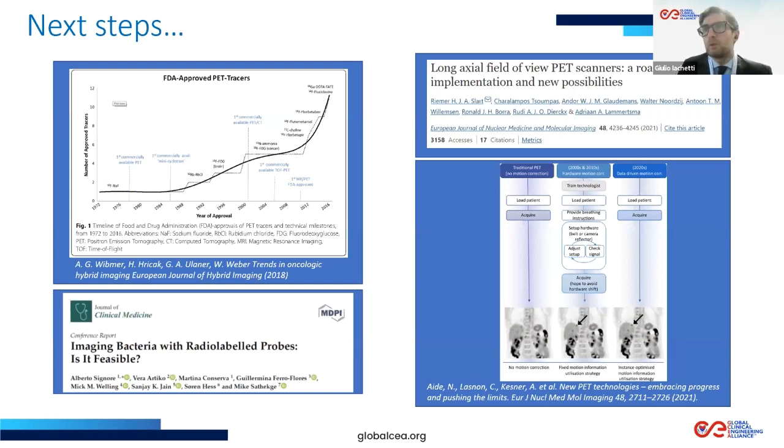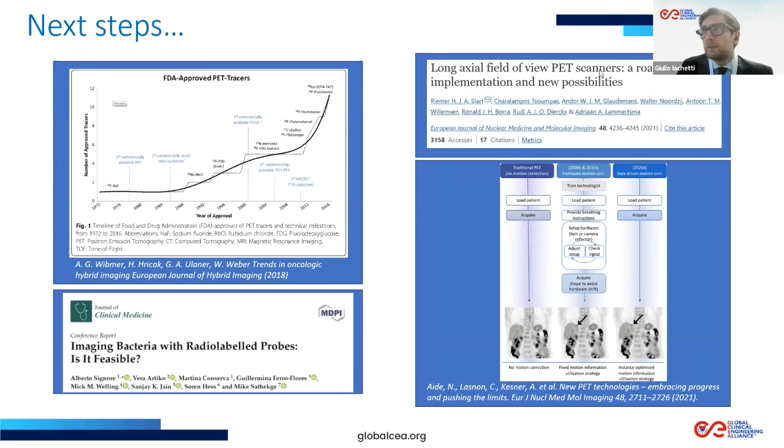Just a few words. From my point of view, what are the four main lines of general development in PET-CT? For sure, new tracers, for sure, new targets. This is very recent in imaging of bacteria by PET-CT.